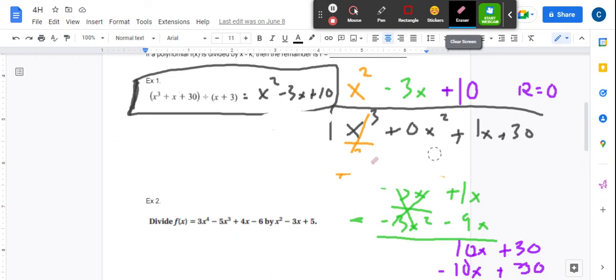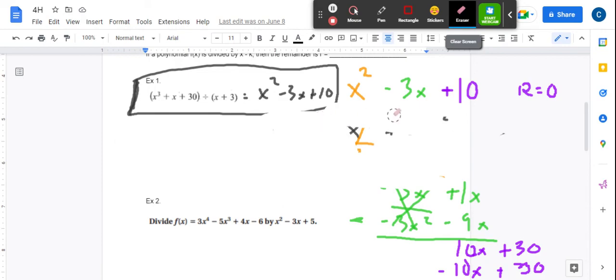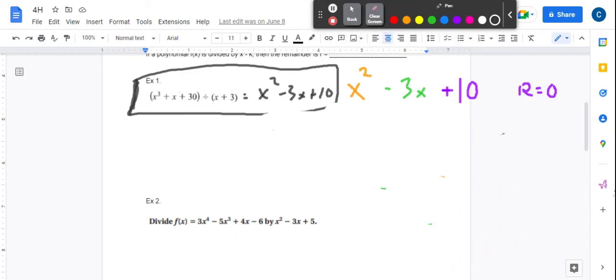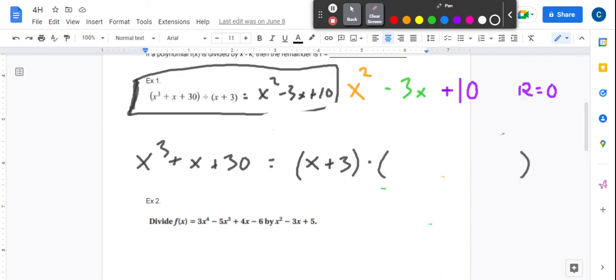So now if we were to think of this backwards, what this tells us is that x cubed plus x plus 30 is really equal to x plus 3 times x squared minus 3x plus 10.